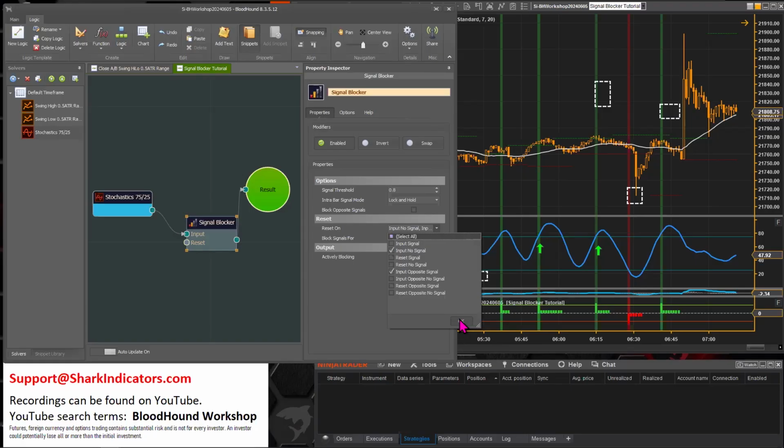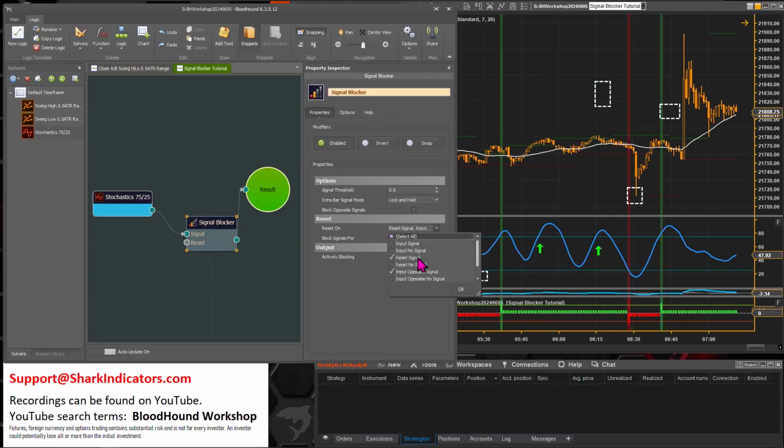So if you're building a far more complex system, sometimes you will need to use the reset connector to turn that signal blocker off, based on other charting conditions. And then it's just a matter of finding out, am I using a signal in the same direction that's resetting it?